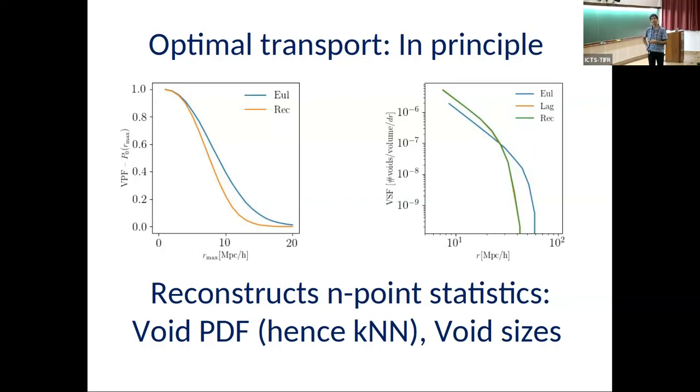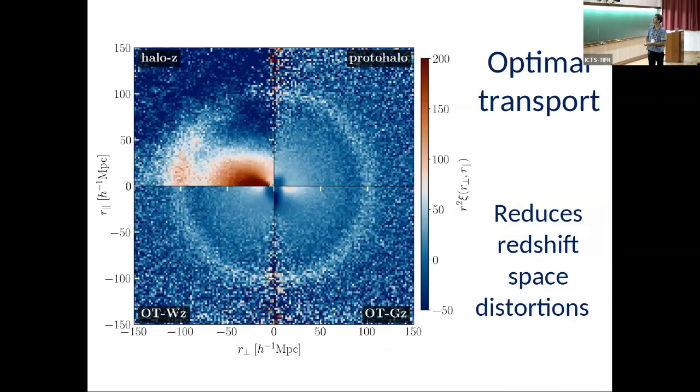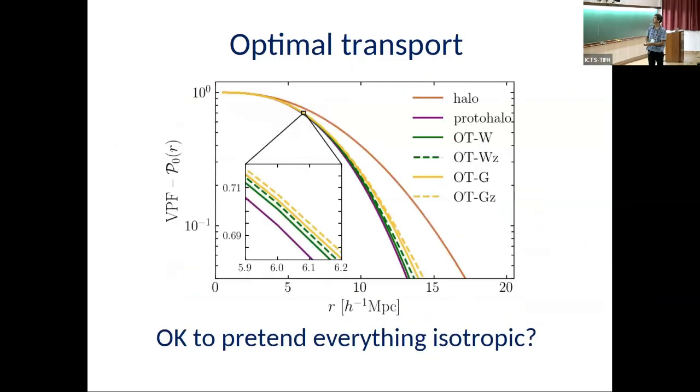My question was more for the uniform dust. No, so this was with the real dust, but if I made this with the uniform dust, it's not very different. Yeah, it is different. And this one doesn't really show it either because this one has the other dust models, but not the uniform dust, right?